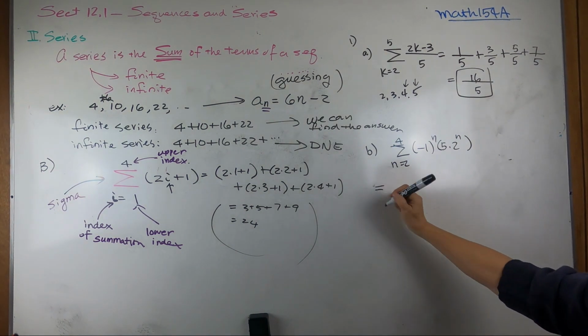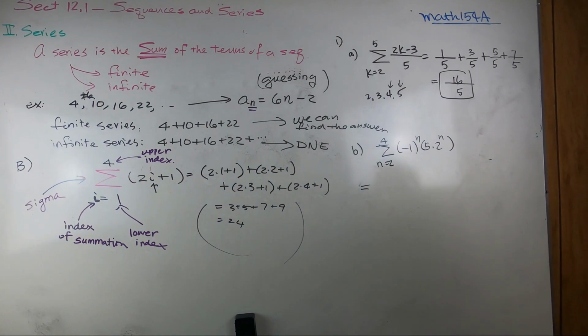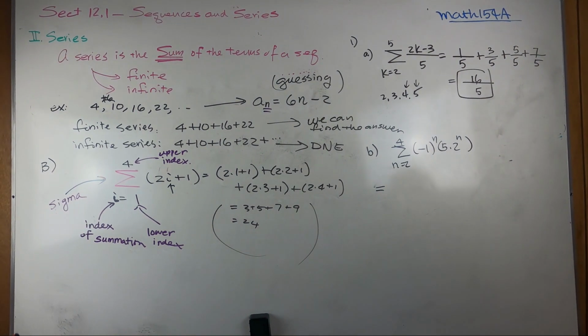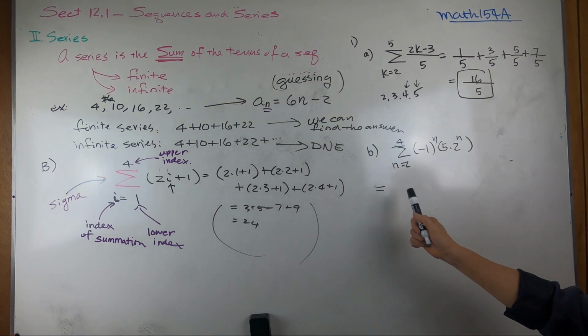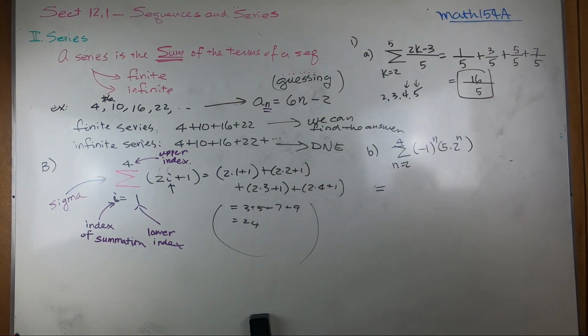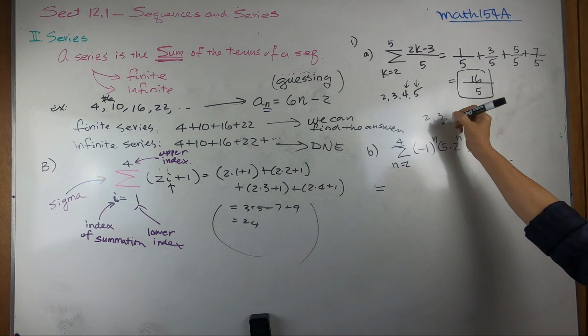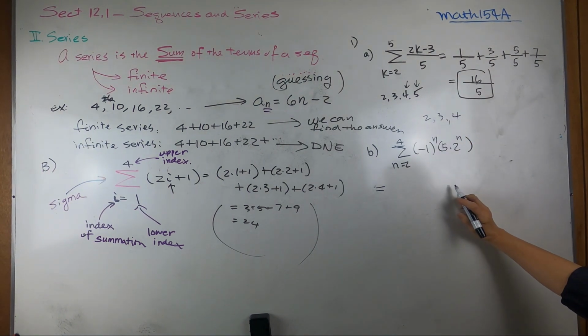Okay, then this one, for this pattern, how do you find the series? Sum it, right? So how many terms do you have? From 2 to 4, up to 4, except the first one. So 2, 3, 4. So you have 3 terms. So you plug in individually.